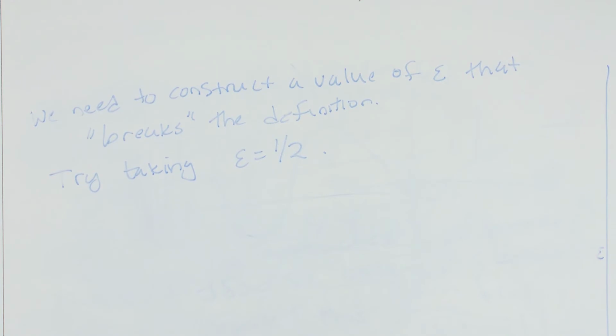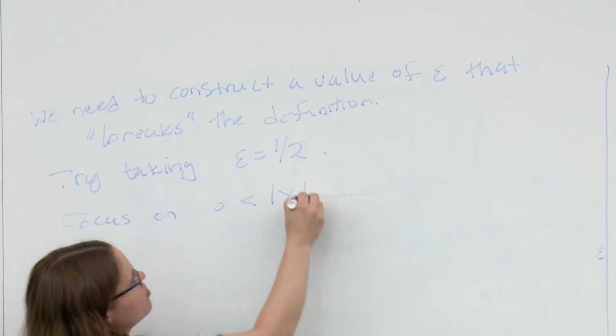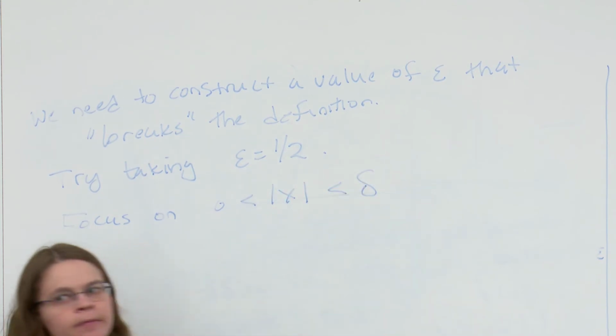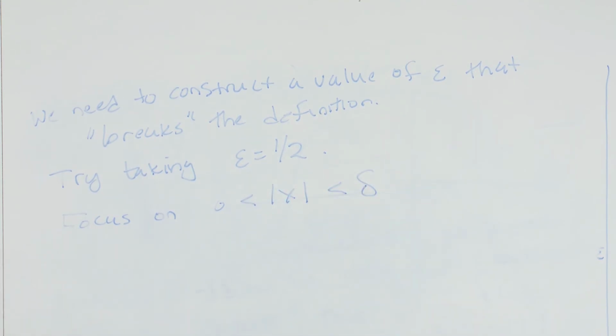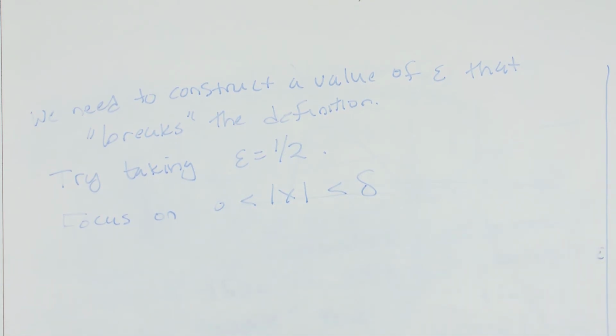Okay, so if this limit really exists, then there's some value of delta that should keep f within the window I want, yes? So we're going to focus on x in this window, so 0 less than x less than delta, where delta is whatever value we needed to make this limit work.